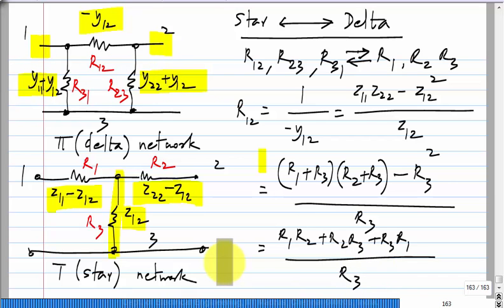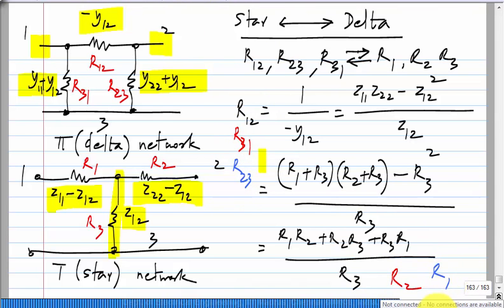And from the symmetry of the network, you will see, what would be R13? What would change for R13? The numerator will be exactly the same. The only thing that is distinguishing which terminals is this one, that becomes R2. Similarly, if this was R31, here you would have R2, and if it was R23, you would have R1.